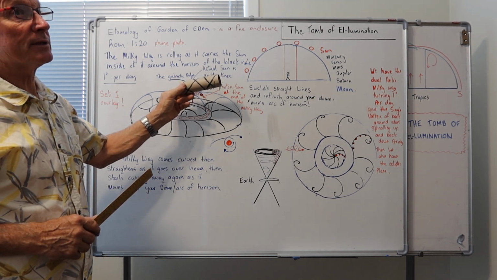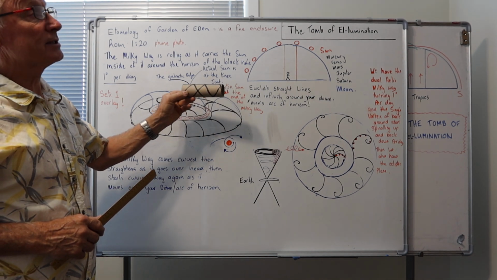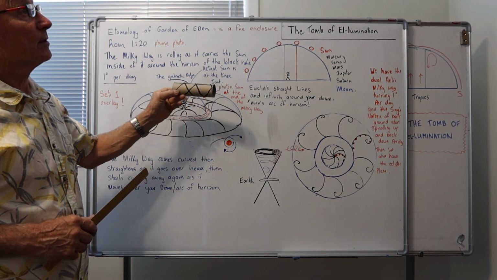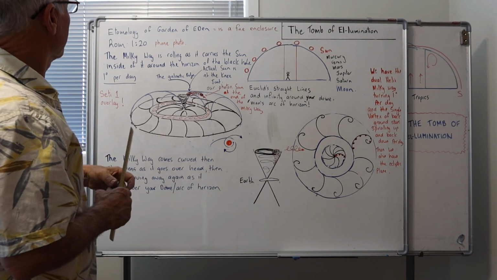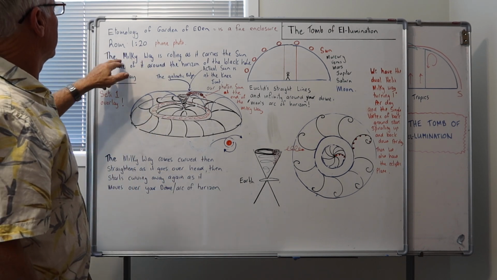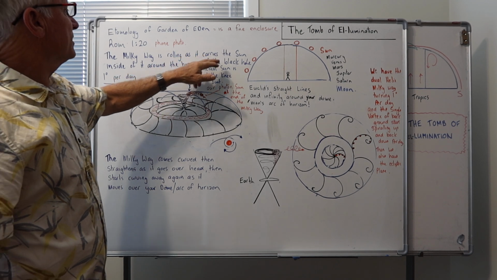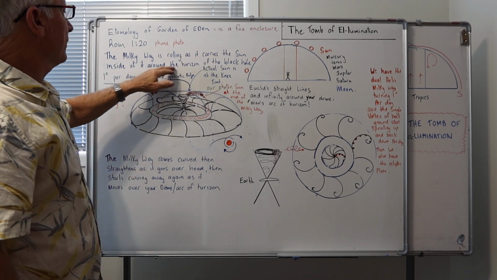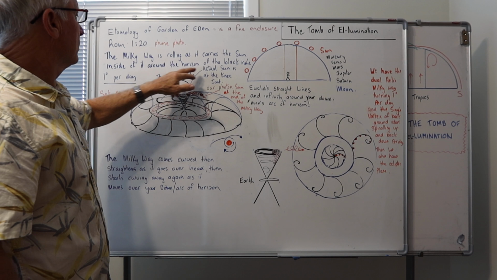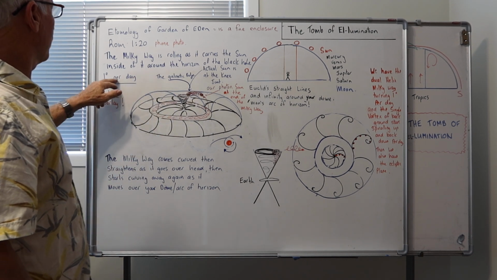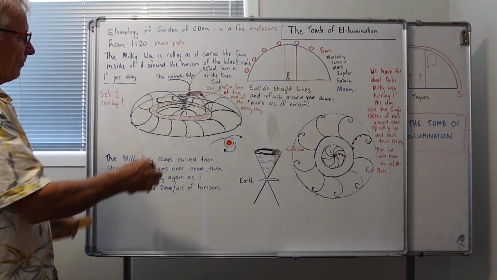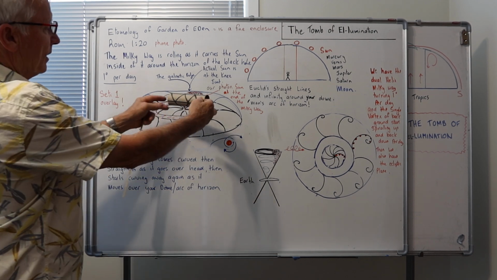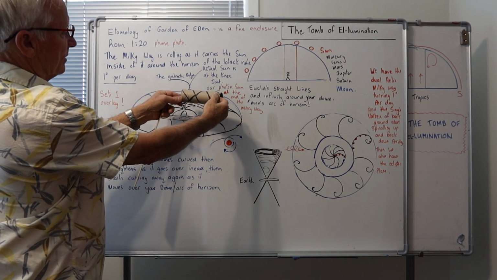No, that's 12 degrees. What was it? 1 degree a day, was it? Can't remember. The Milky Way is rolling as it carries the sun inside of it around the horizon of the black hole. 1 degree per day. Okay? 1 degree per day.